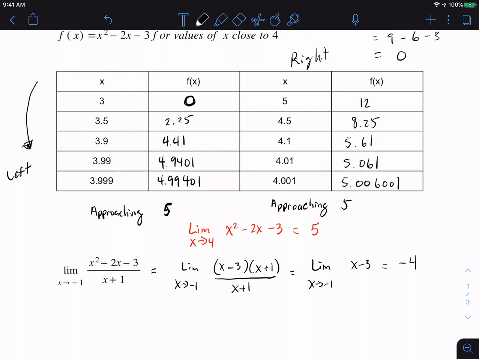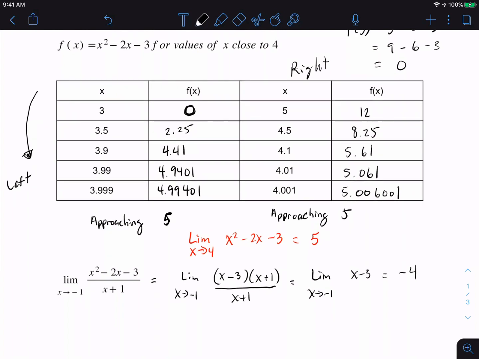Now, something important for you guys to notice. Could you guys tell me what the point is that I used? What was the point that I used for my value for my p in this case? Anybody?